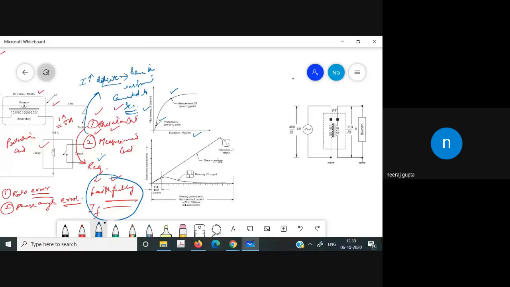It means operating at this point means that with the increase in the excitation, or you can say with the increase in the current, it will faithfully produce the flux, it will not saturate. And if you take the case of the measurement CT, its operating point is here. If the current is increased beyond that particular point, it will saturate and protect the equipment.